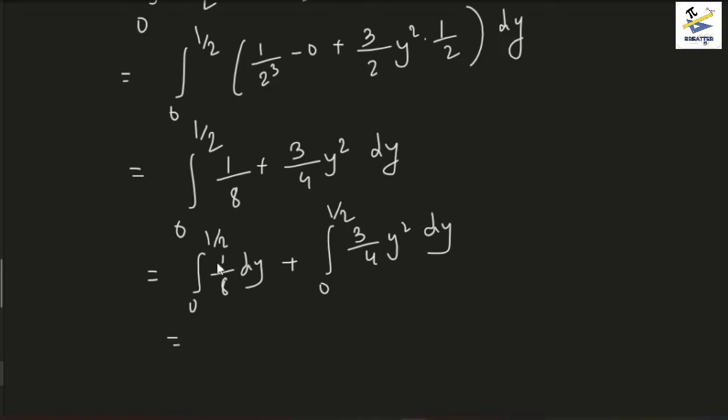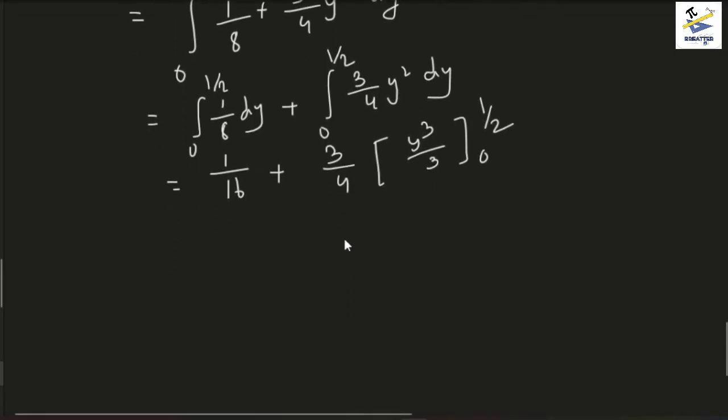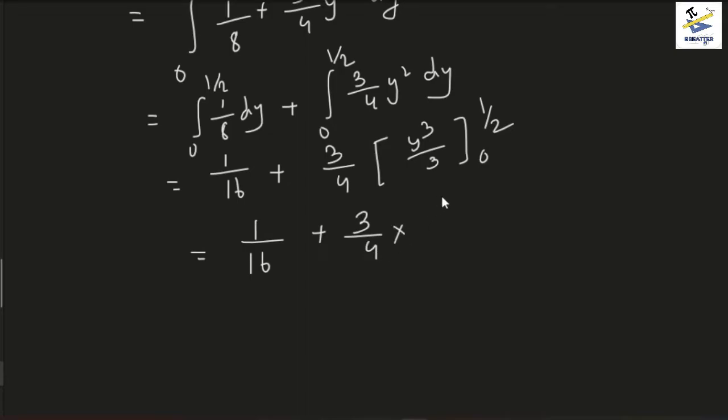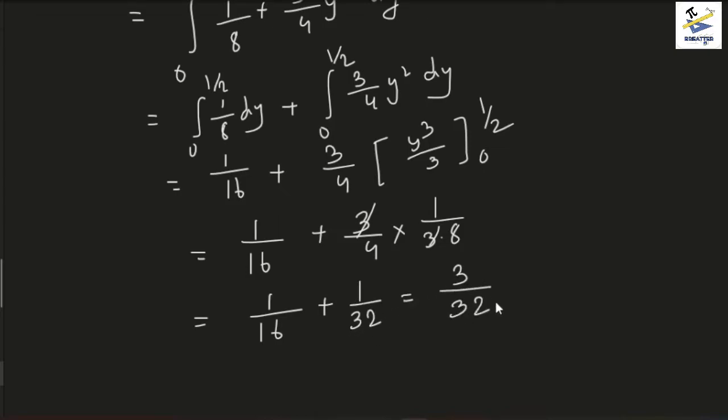Now 0 to 1 by 2, 1 by 8 dy is simply 1 by 16, and in this one 3 by 4 comes outside, and integration of y square is y cube by 3, from 0 to 1 by 2. So let us do this one. 1 by 16 plus 3 by 4 multiplied by 1 by 3 into 8, and the 3 is cut off, so it becomes 1 by 16 plus 1 by 32. On simplifying, you see that this is 3 by 32, which is the answer for the question.